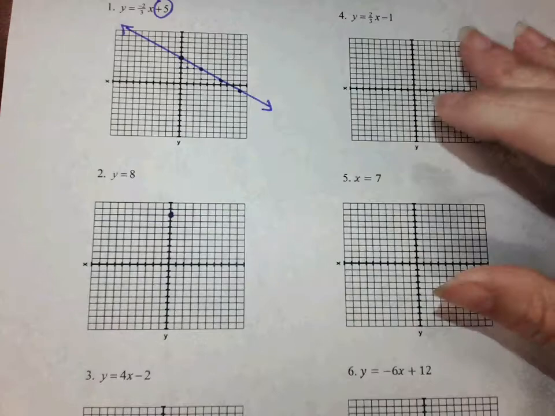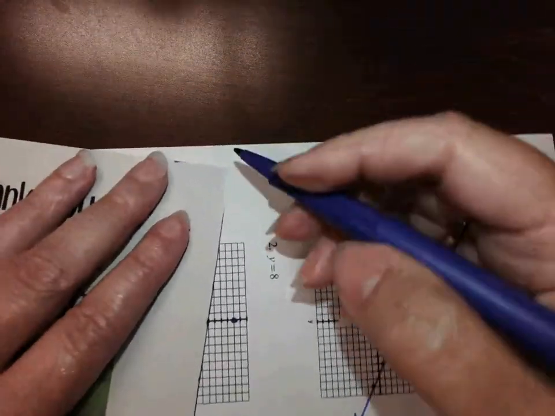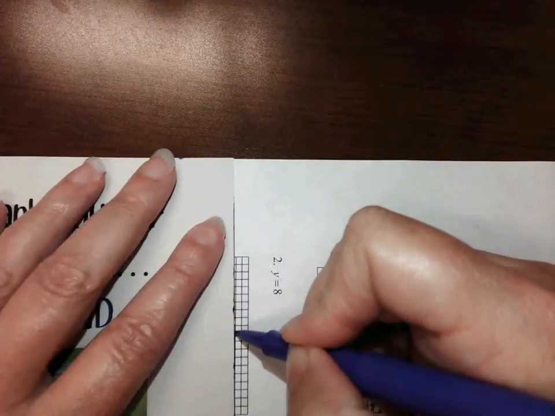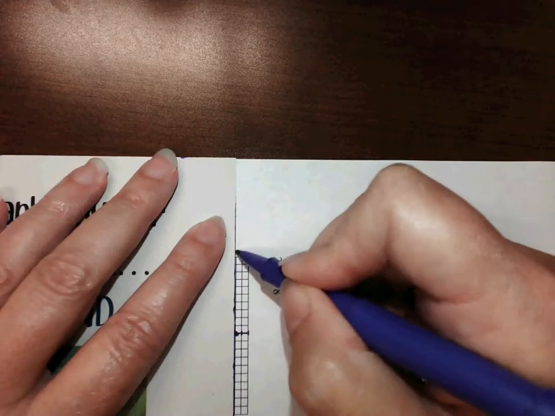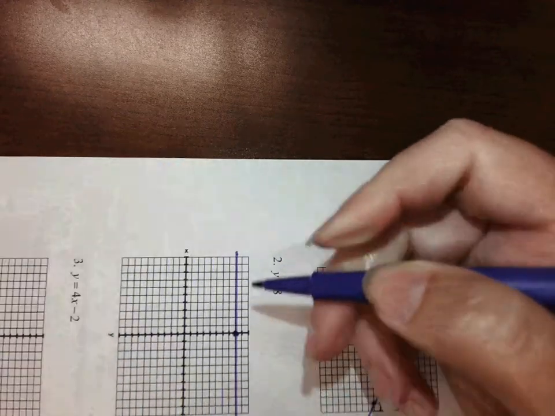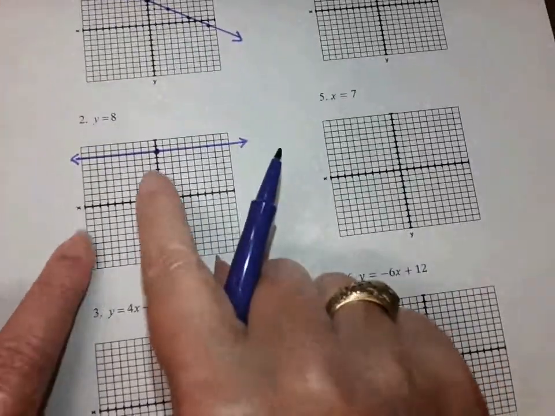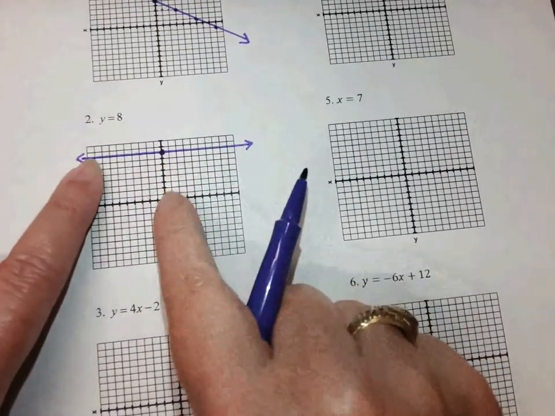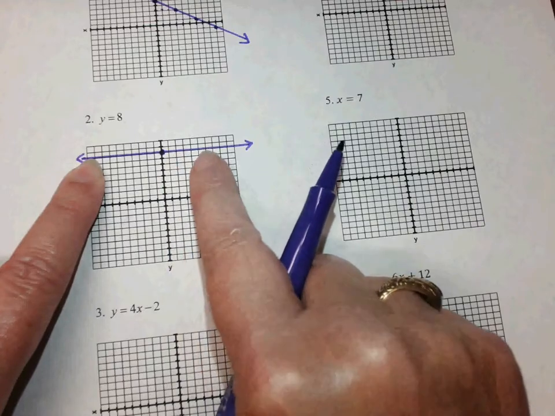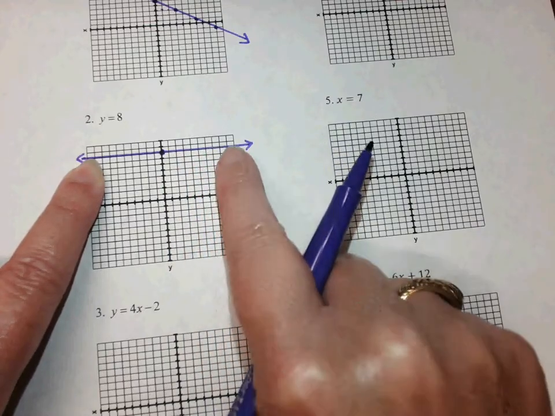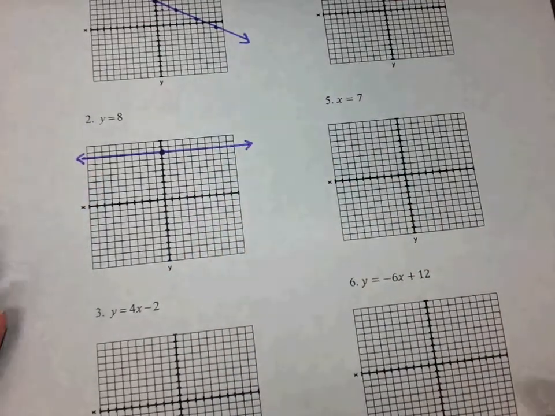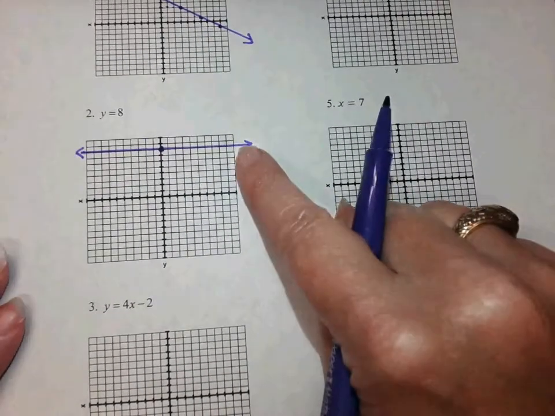There's no slope, excuse me. It's a horizontal line through that 8. Every single point on this line has a y value of 8. Every single point is 8 units above 0. y equals 8. This is a 0 slope.